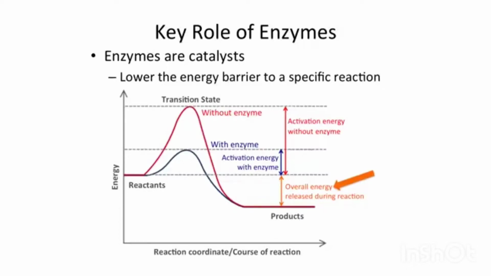So the overall energy is unchanged. What is changed in the presence of an enzyme is the rate of reaction. It is a catalyst, and remember that catalysts are regenerated during the reaction, so that the enzyme binds to the reactants and releases the products, and it is unchanged and can do that again. So it can do it over and over.